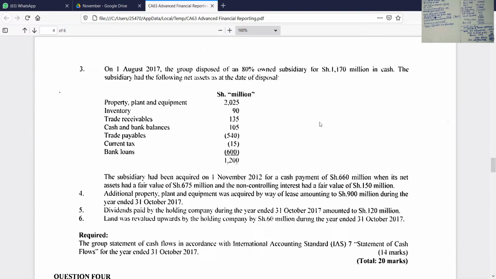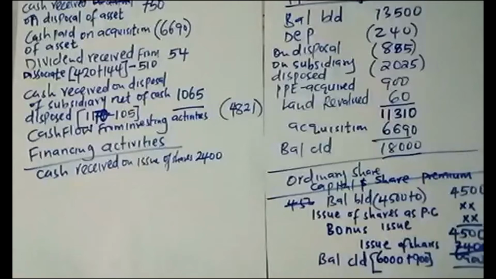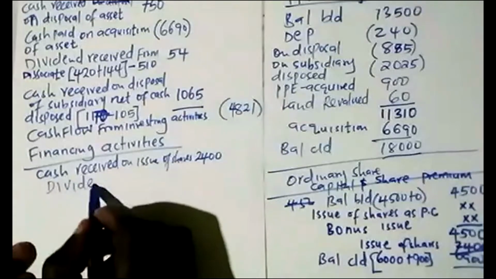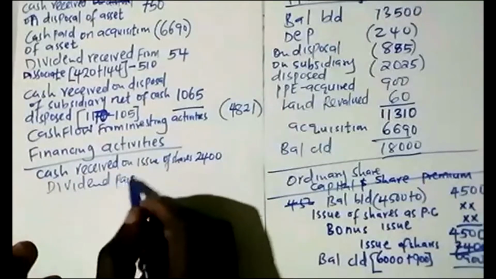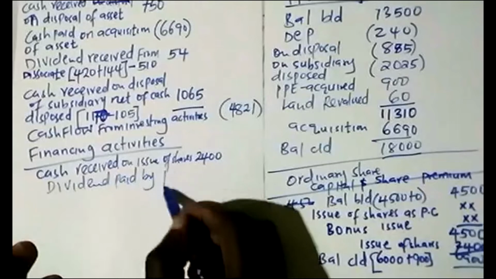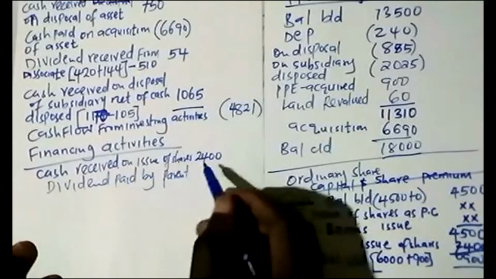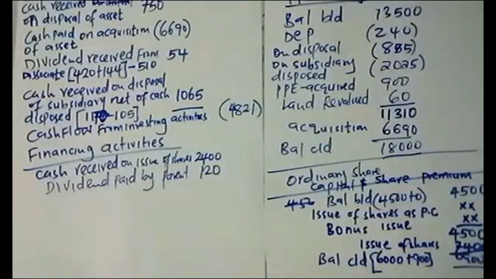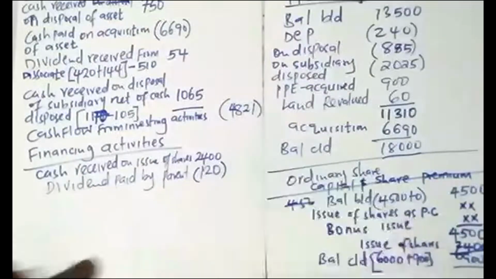So that one is given. If it had not been provided, we could have computed it using the retained profit. So for now, I will record dividend paid by parent of 120.